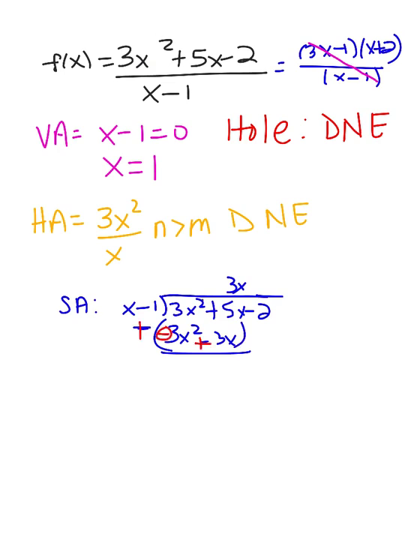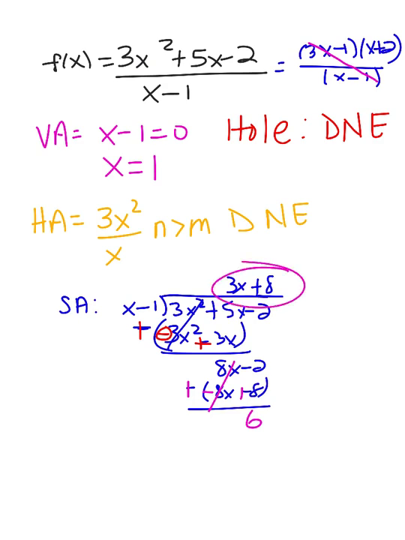So then I get 8x minus 2. x times 8 is 8x. So multiply down, I get 8x minus 8. And the 8x's reduce, so I have plus minus plus. So I get 6, and my remainder is 6. Not that I really even need that, I just need this here. So my slant asymptote is y equals 3x plus 8.